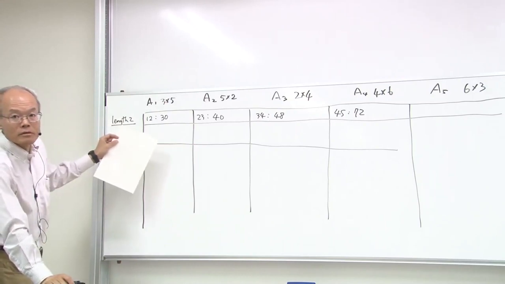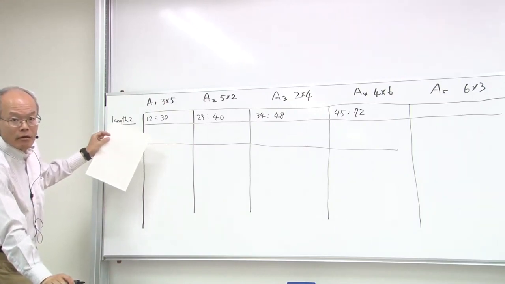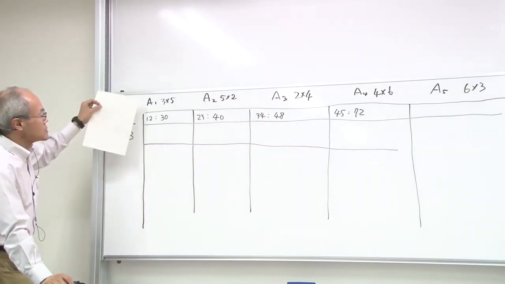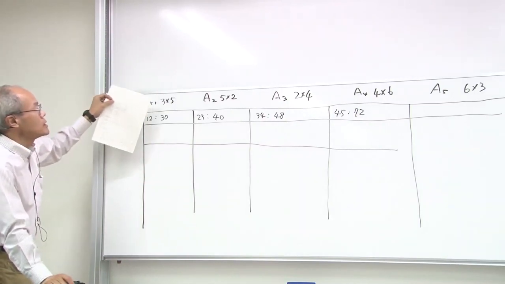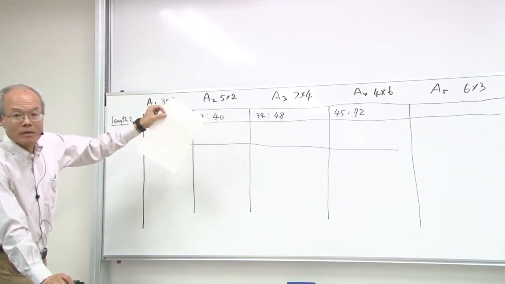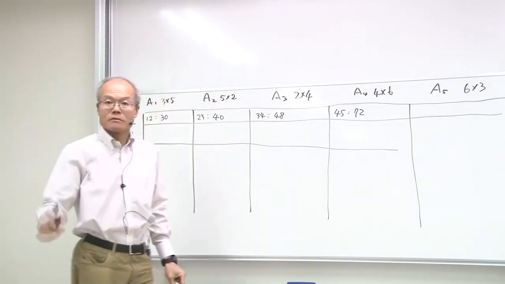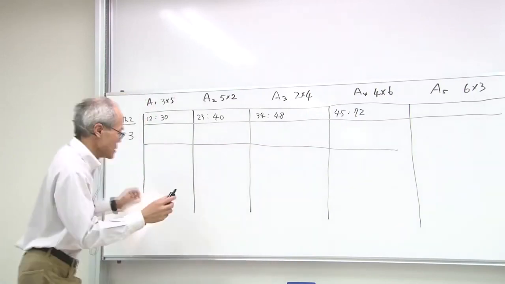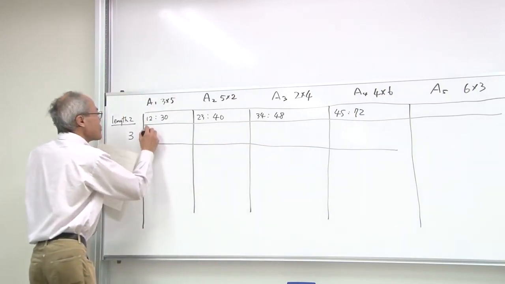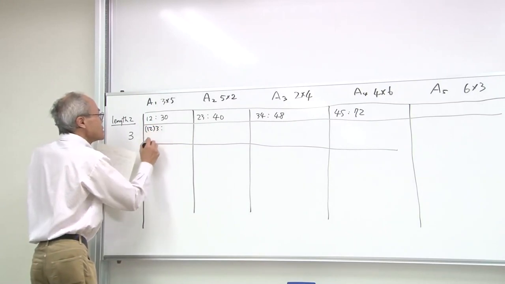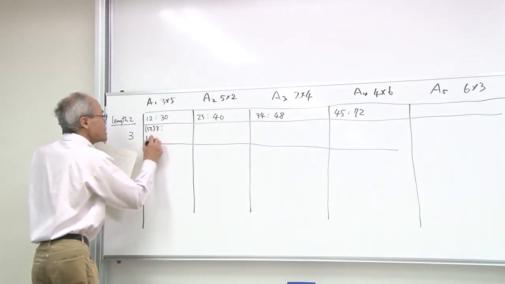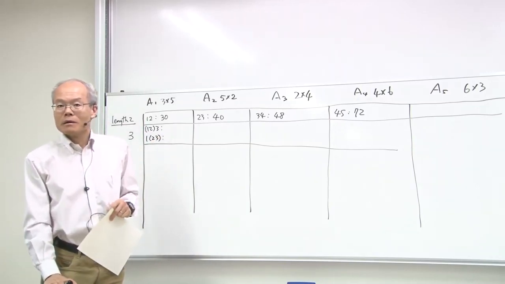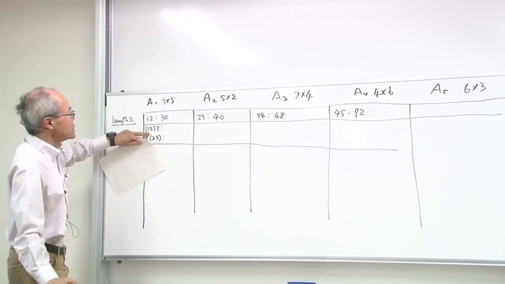Now we are going to length 3. Length 3 means we want to multiply 3 matrices, starting from A1, that is A1, A2, A3. But now we have 2 different orders, right? The first order is (1, 2) and 3. The second order is 1 and (2, 3). How many operations do we need for this?